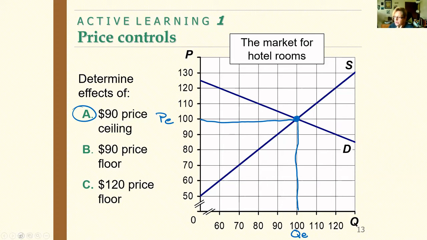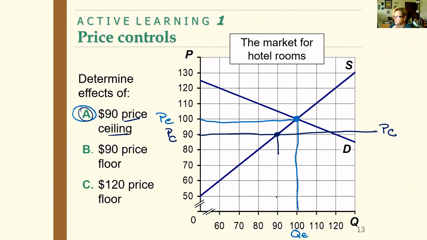Now what we're going to do is go ahead and put in a price ceiling here of $90. I'm going to go ahead and draw that across. Price ceiling. Okay, is this ceiling binding or non-binding? It is binding, right? Because prices cannot go above the ceiling.